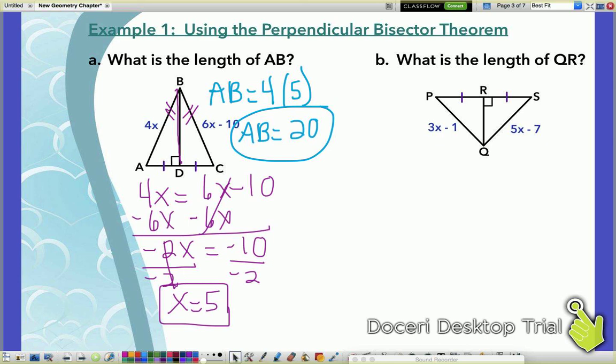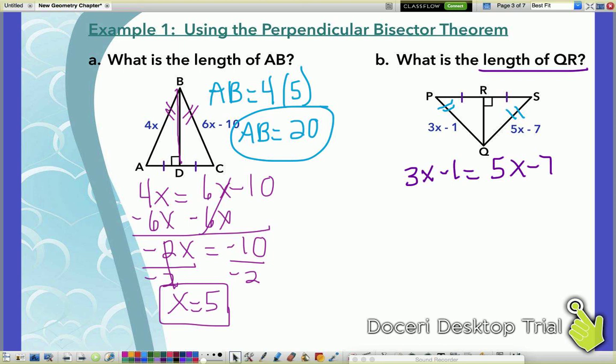Okay, so next one. I know PR and SR are congruent, but remember I also know that these two sides are congruent, according to the bisector theorem. So again, I'm going to set those two equal to each other. Make sure you know that it wants the length of QR.